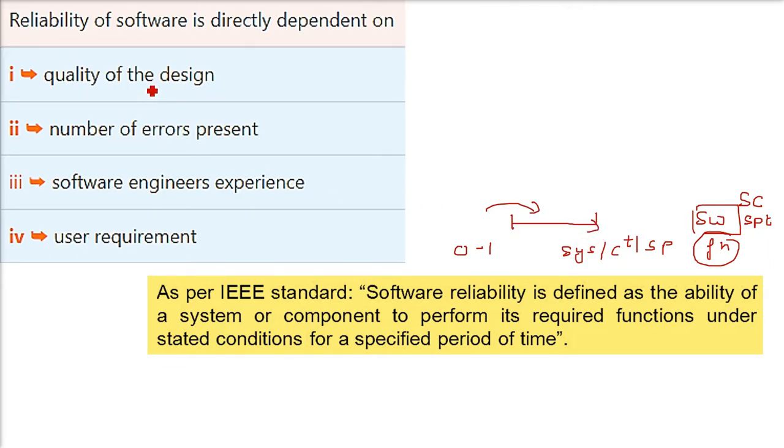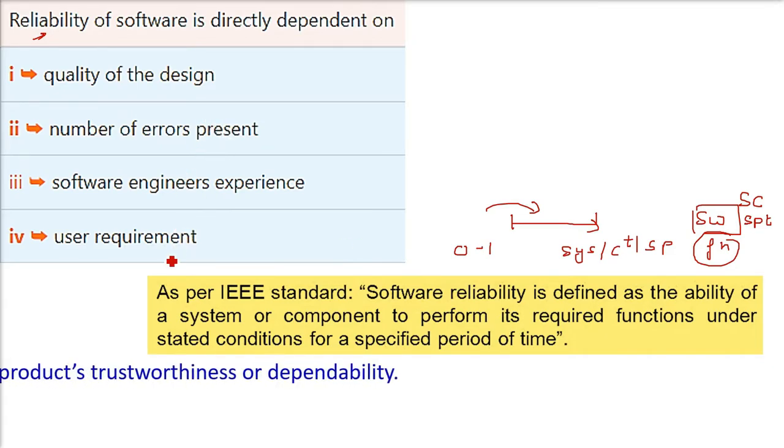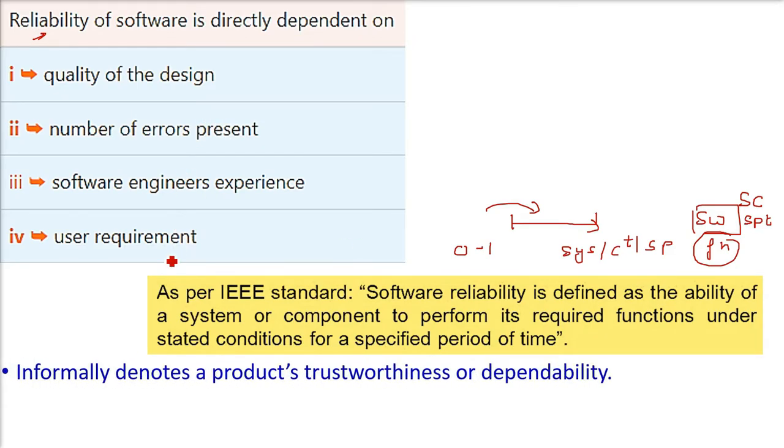So now let us come back to the question. Reliability of a software is directly dependent on what? And there is no problem, that means there are no errors. The answer is 2. And one more thing about software reliability is that reliability denotes the trustworthiness or dependability.